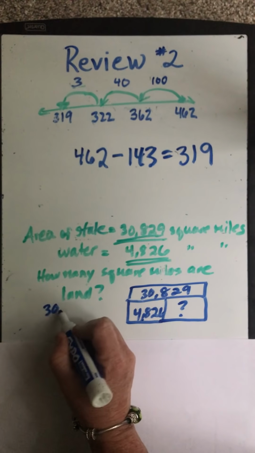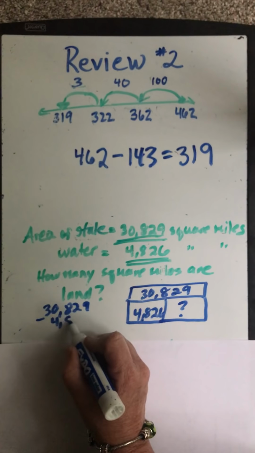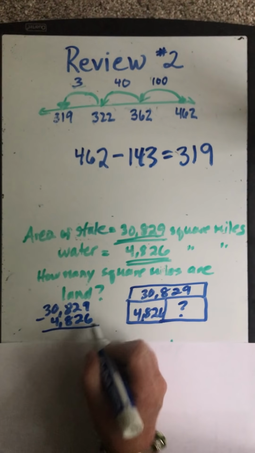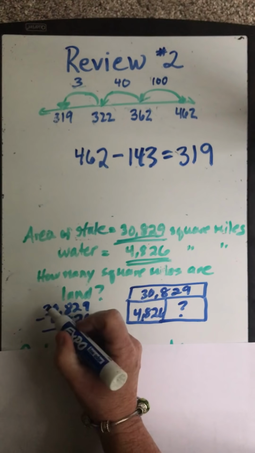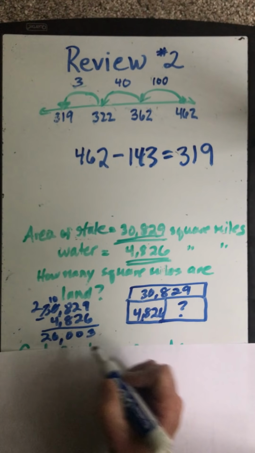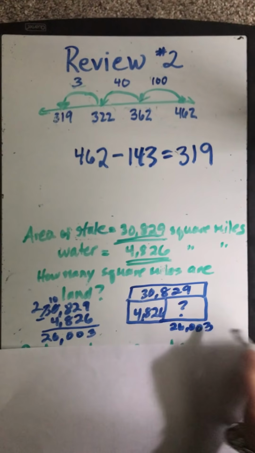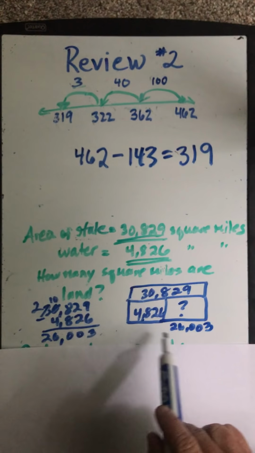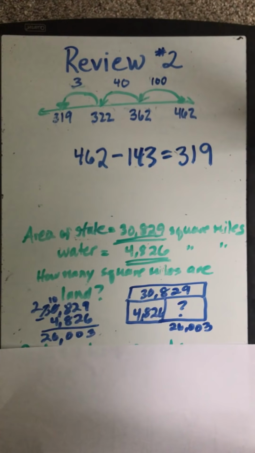So we're going to do 30,829 minus 4,826. Okay, and that's going to be 300, and then we're going to borrow, and we get 26,003. This state has 26,003 square miles of land.